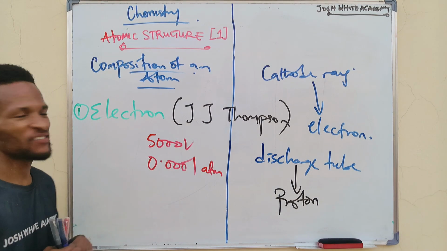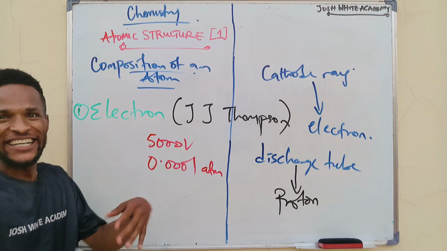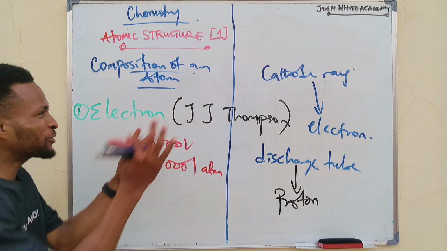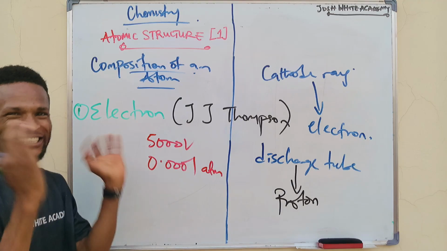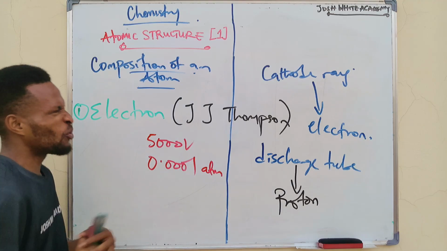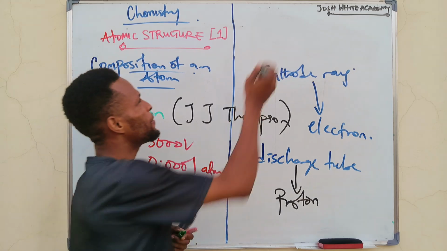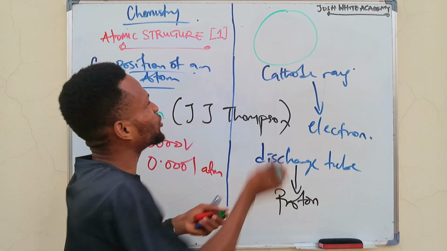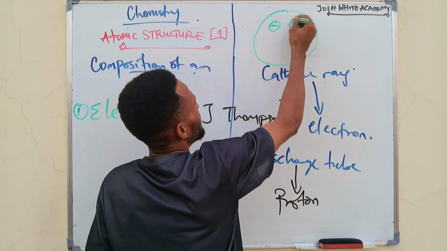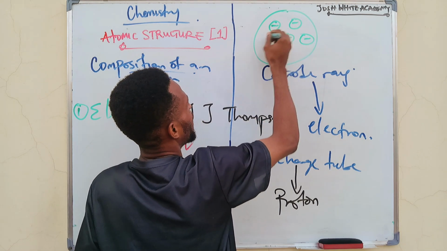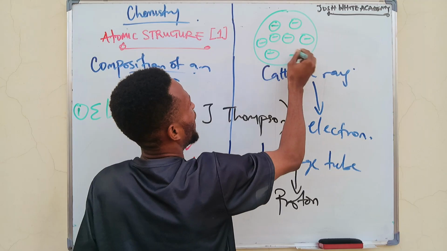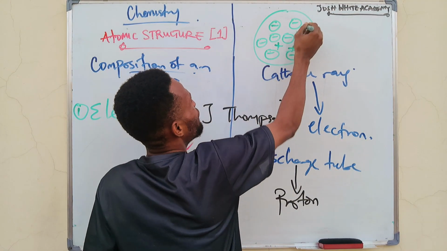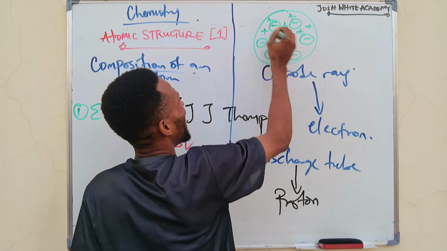J.J. Thomson proposed the theory of the structure of an atom, which was known as the plum pudding model of an atom, where he said the atom is made up of negatively charged electrons that are embedded and positively charged protons that are floating in the atom.